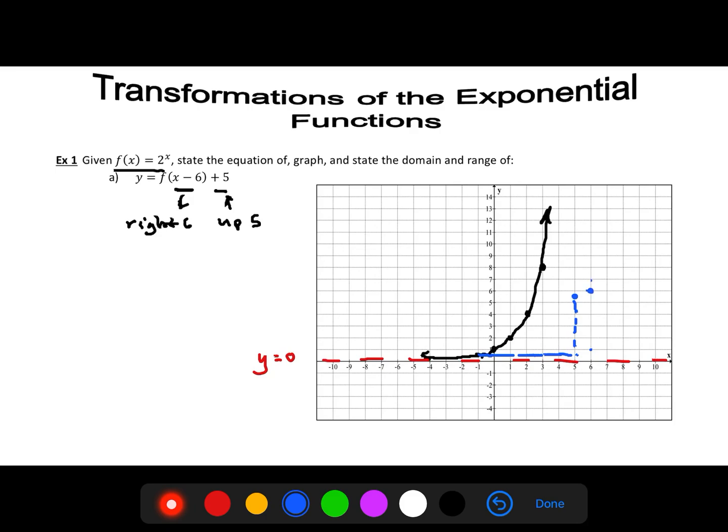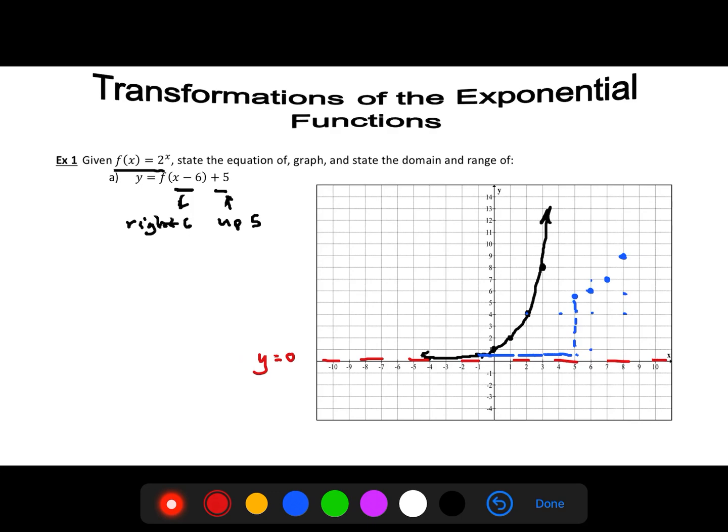(0, 1) shifts over to 6 and up 5, which becomes (6, 6). (1, 2) shifts right to 7, and up 5 means it goes up to 7. And so on and so forth. Next one, right 6, up 5.